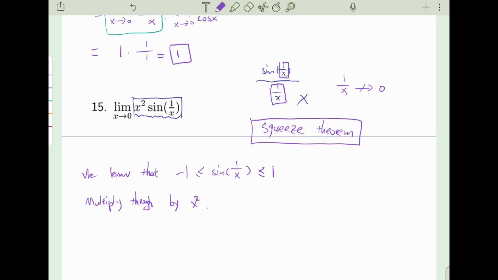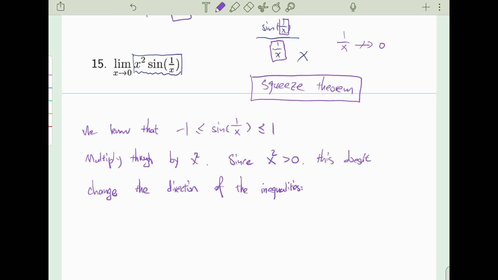And now we know that since this x squared is greater than 0, this doesn't change the direction of the inequalities here.